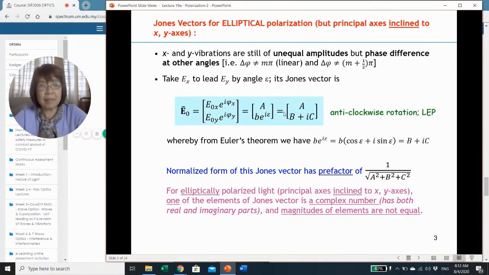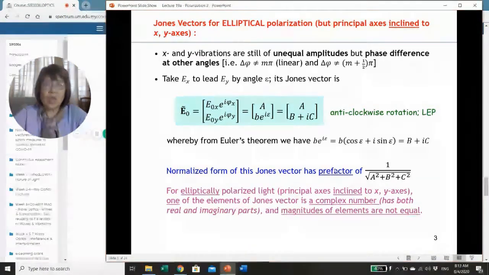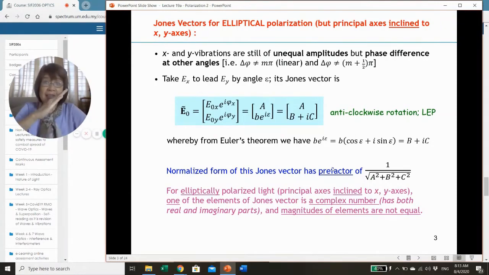So we divide by the factor that we factor out, giving a prefactor of 1 over the root of this. That is for elliptical polarized light where the principal axis is inclined, so it's no longer vertical or horizontal, but inclined at a certain angle.